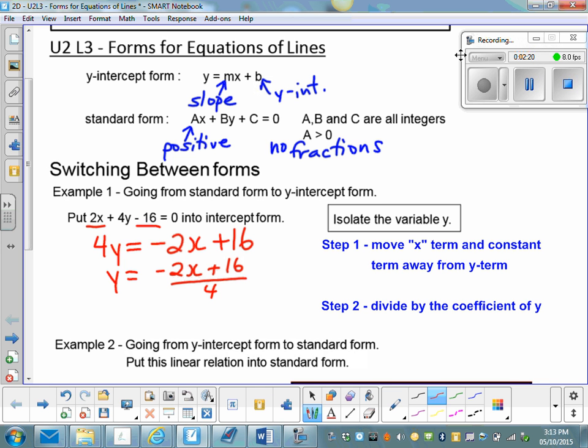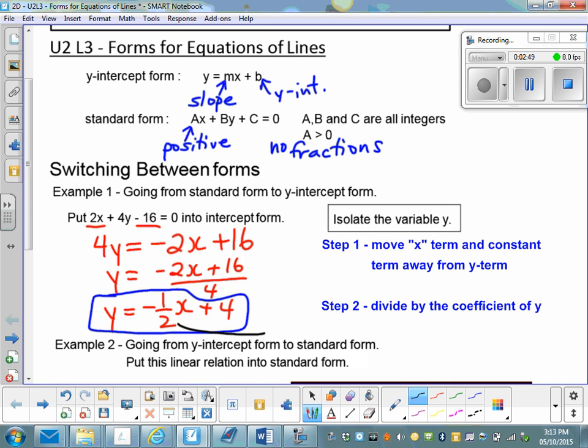And that 4 divides into each term on the other side. So the first term is going to be negative 2x divided by 4. And if I write that in lowest terms, it's going to be negative 1/2 x. And then I have plus 16 divided by 4, so that's going to give me plus 4. So there is my equation in y-intercept form.